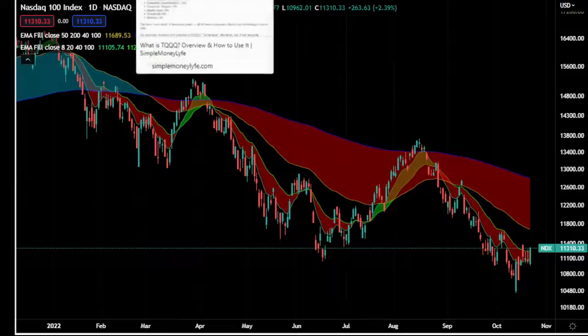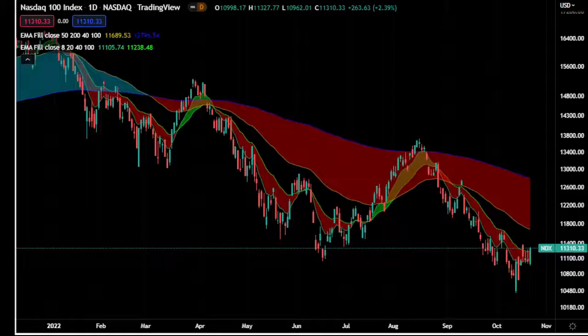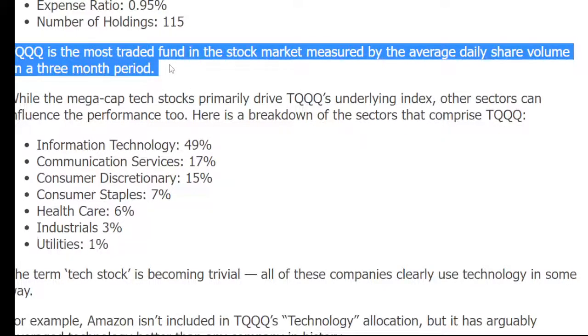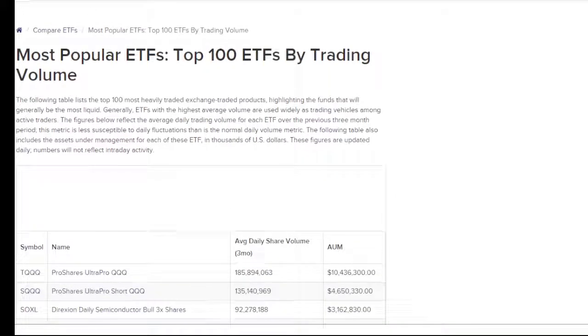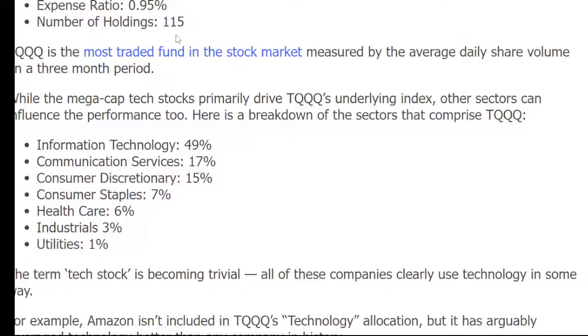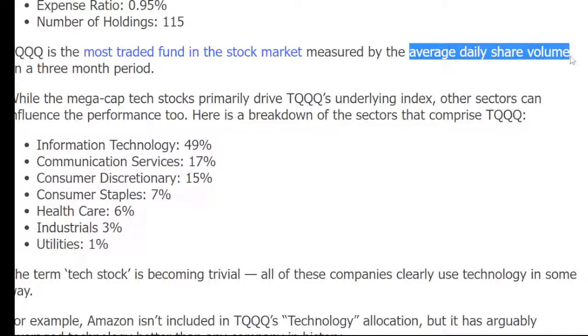So let's go into looking at a traded fund that replicates the Nasdaq, and it replicates it with an amplified 3 times. This is the TQQQ, and it is the most traded fund in the stock market as measured by average daily volume over a 3-month period.